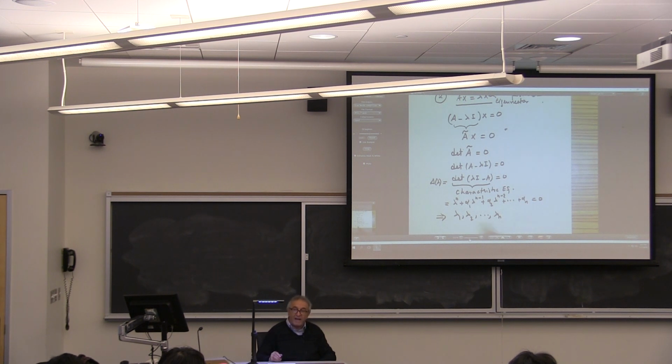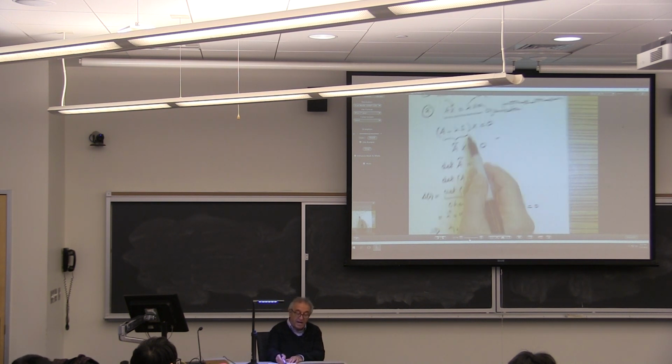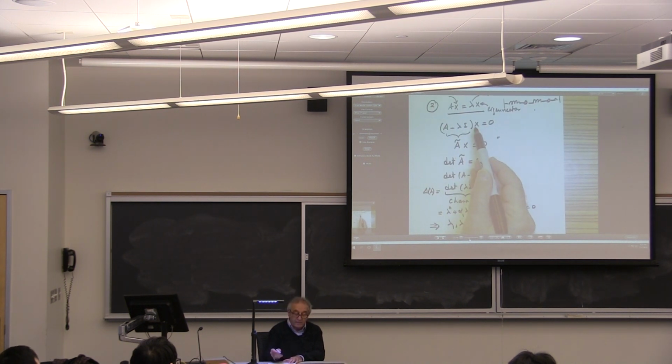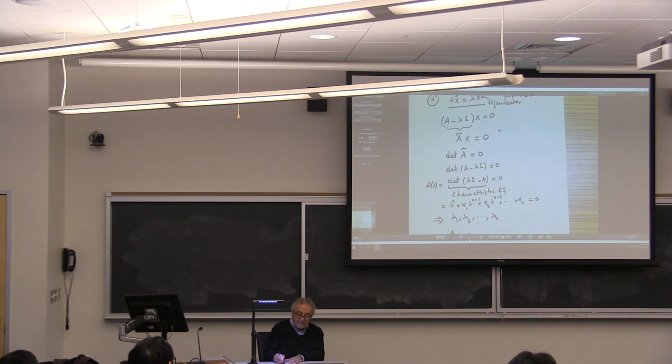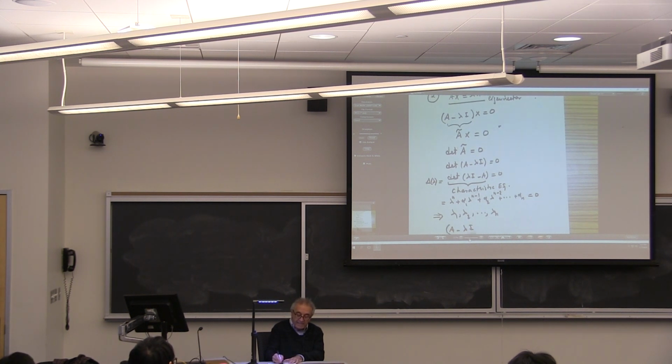So once you find the eigenvalues, then you go back and say, well, I want to find out the eigenvectors corresponding to those eigenvalues, right? So how do we find that? You go back to that equation, A minus lambda I times x, right? So you write A minus lambda I times x. And then in this case, when lambda is already a value, you have a value for it.